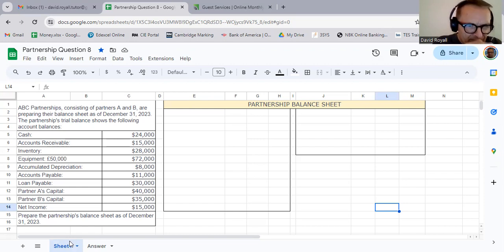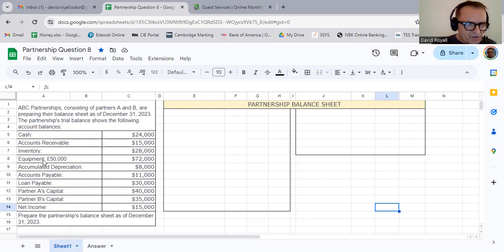They're preparing their balance sheet at the end of the year, and the partners' trial balance, well, not really a trial balance in the conventional sense, but anyway, we've got the following account balances. So you can assume it is trial balance figures. They will balance if you put them on the debit credit side.